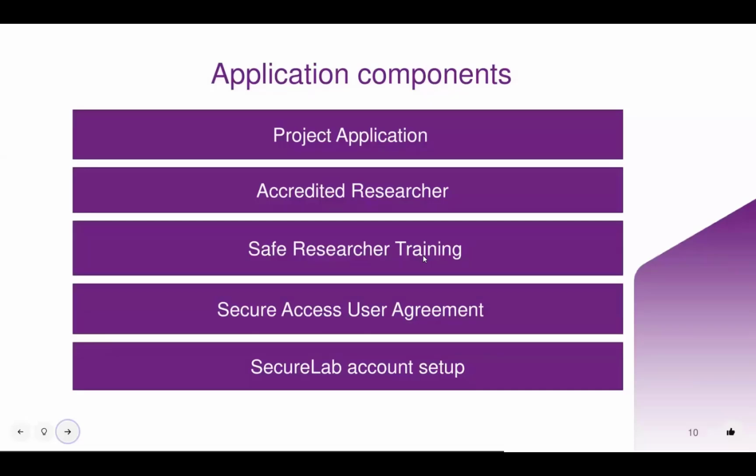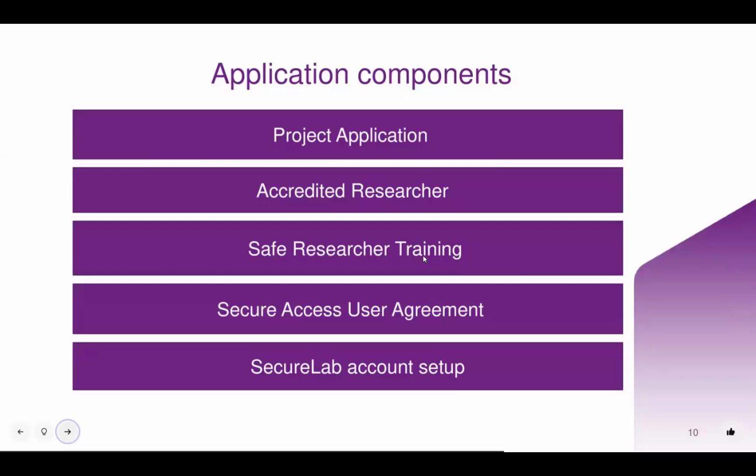Moving next, with my colleague Siôn on the second part, we will see in detail all the application components, but with this slide, I would like to show you that the components, in a way, follow the Five Safes. We will always require the project application, a research proposal, through which we will assess the public benefit, the methodology, the feasibility of the project, and the public good. Accredited researcher, in different ways. Of course, the most usual is to have Digital Economy Act accredited researcher status, and to have been trained under safe researcher training.